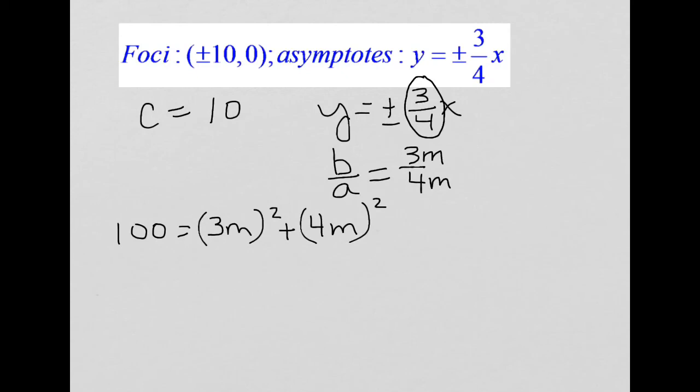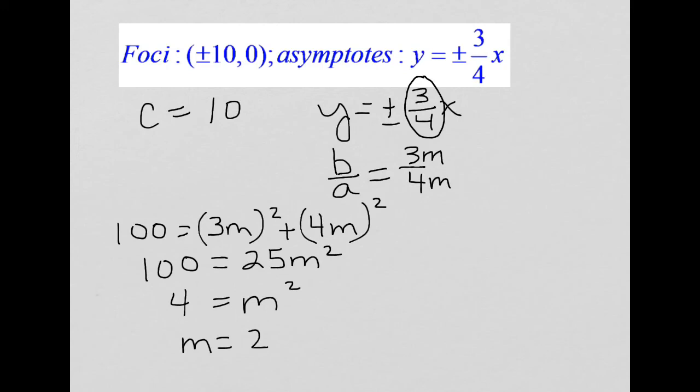So that gives me 100 equals, that's 9m squared, and that's 16m squared, so that's 25m squared, and m squared equals 4 when I divide both sides by 25. So that means m equals 2. So that means my ratio gives me what my A is going to be. A is going to be equal to 4 times 2, or 8, and B is going to be equal to 3 times 2, which is 6.